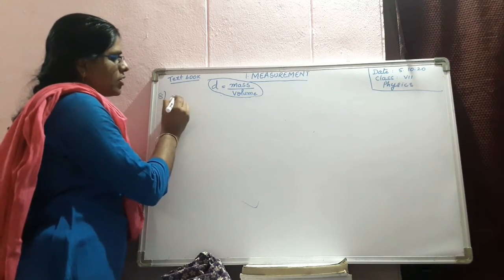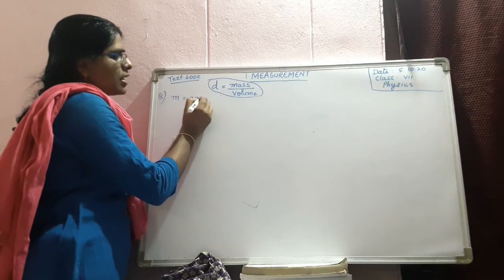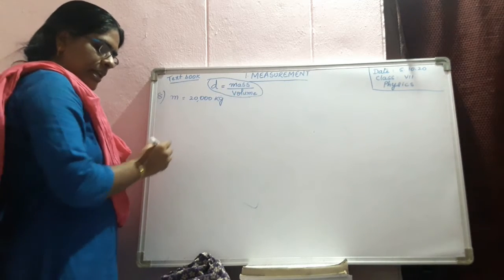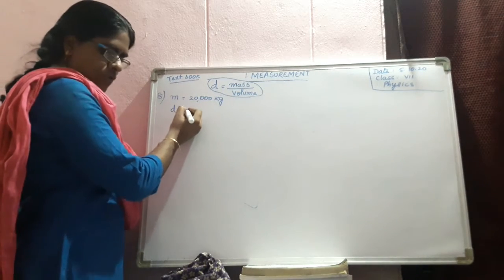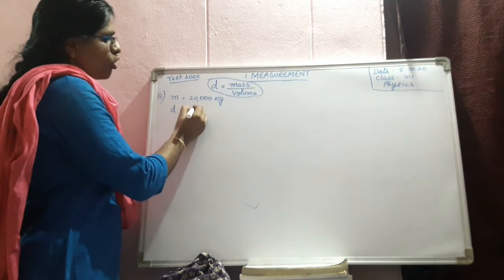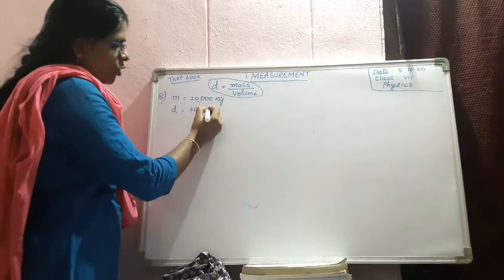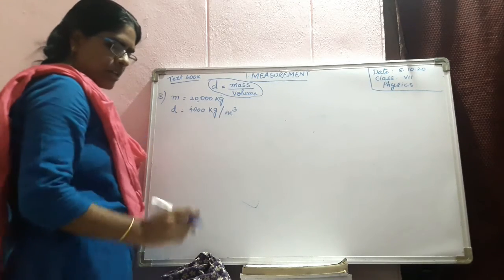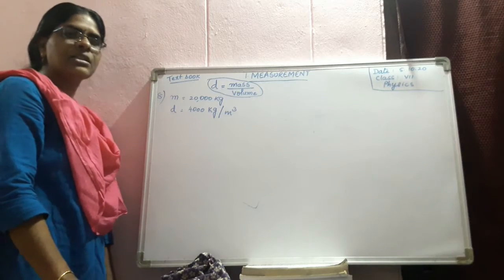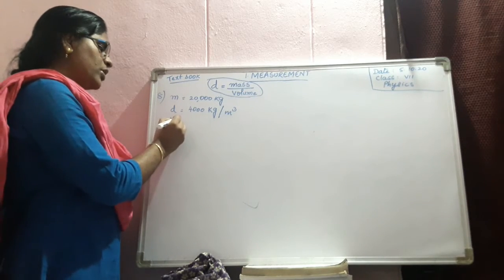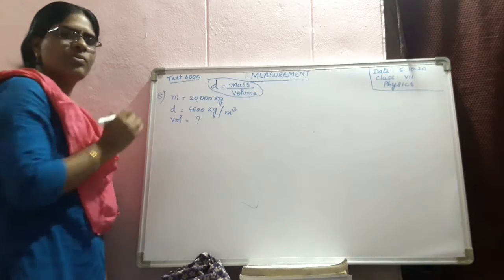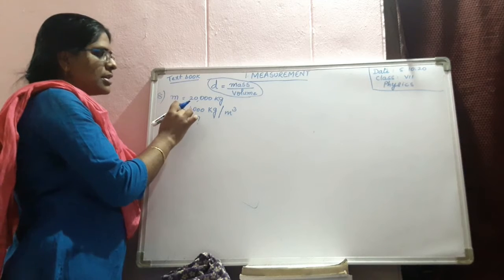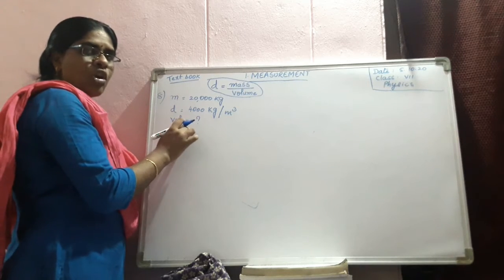The given data is mass is 20,000 kgs and a density of 4,000 kilogram per cubic meter. What is its volume? Now what do we need to find? Volume. Again the same formula. Mass is given, density is given. We need to find volume.